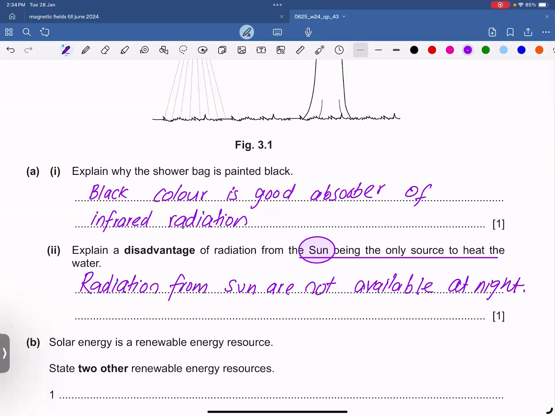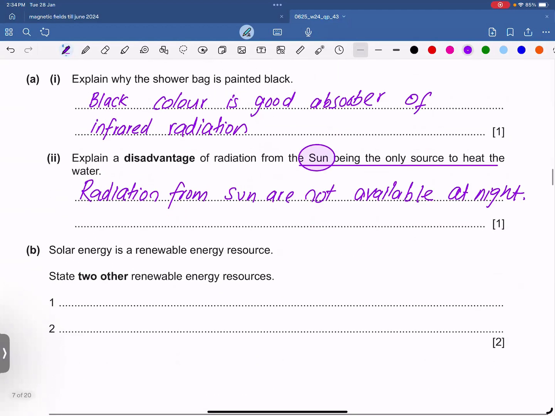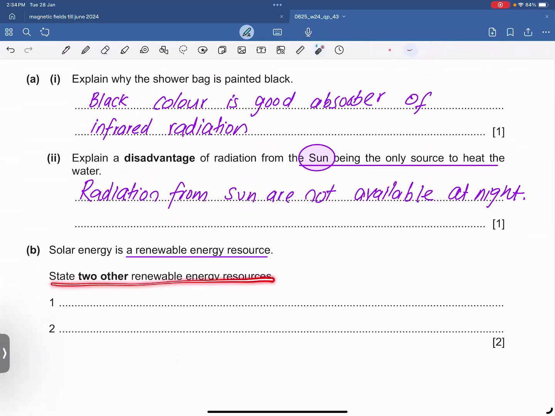Solar energy is a renewable energy resource. State two other renewable energy resources, dear students.